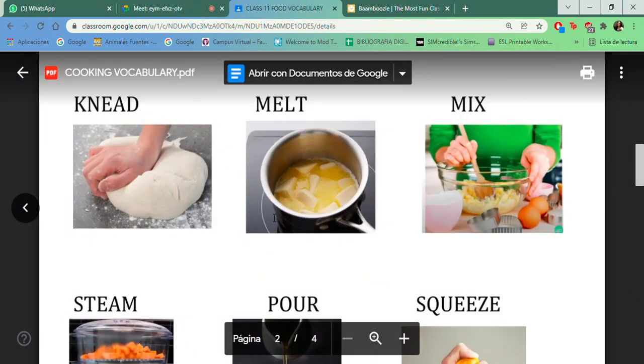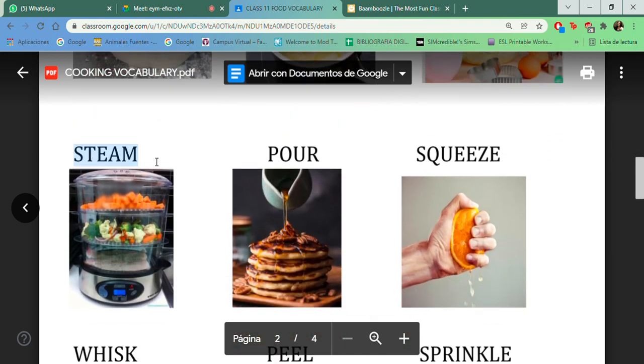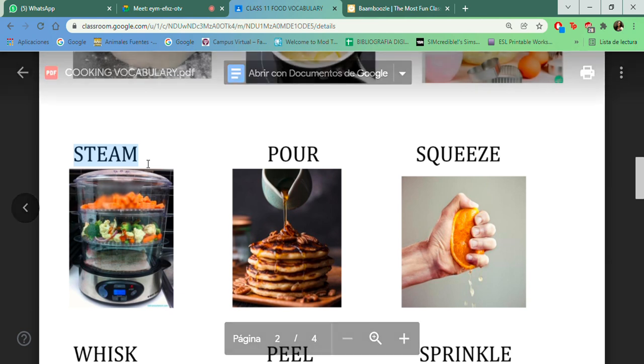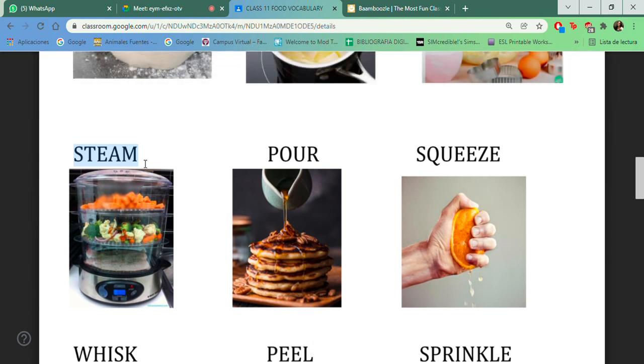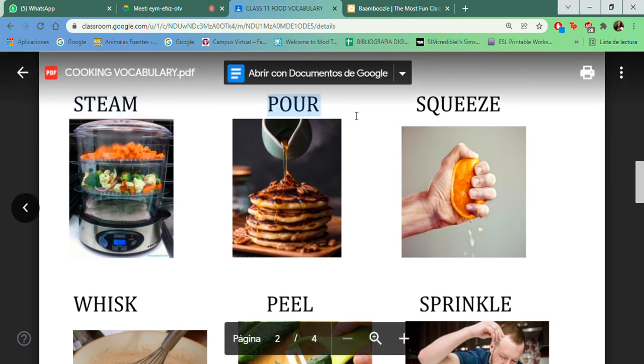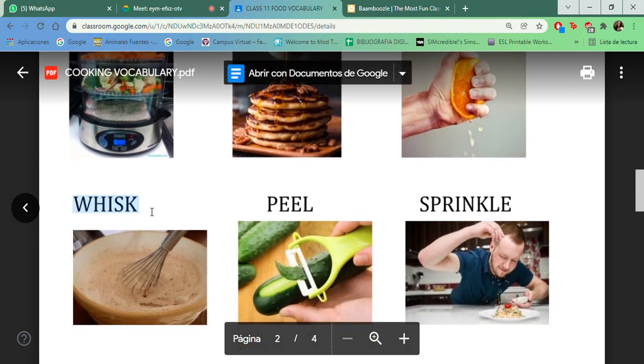Good. This is to melt. These are verbs or ways of cooking. This is mix. This is to steam, and it's also the noun, steam, right? This is to pour, this is squeeze, this is whisk, and this object is also a whisk.